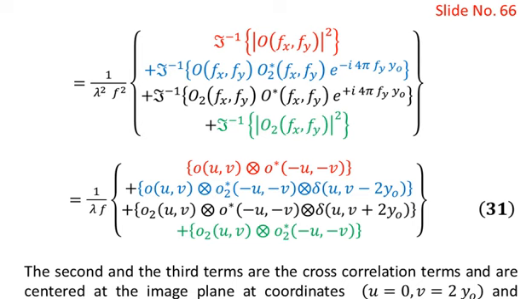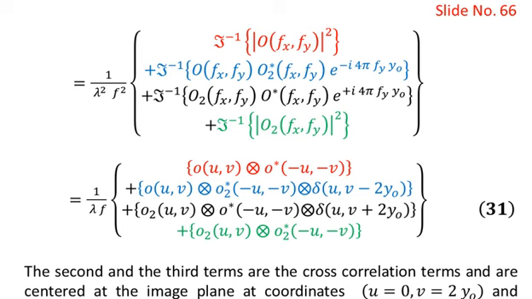And in the second step of equation number 31, shown in blue, the inverse Fourier operator will operate on the third term, that is it will operate on capital O, it will operate on O conjugate, and it will operate on the exponent term which is e to the power minus iota 4 pi fy y naught. So these are the three terms.